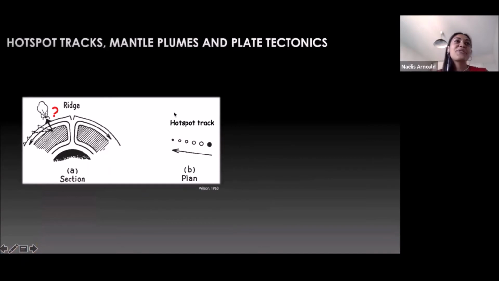So I just wanted to start with this figure from Wilson, just to stress how much our understanding of the causes of plate tectonic motions has been bound to our understanding of hotspot tracks and mantle plumes.